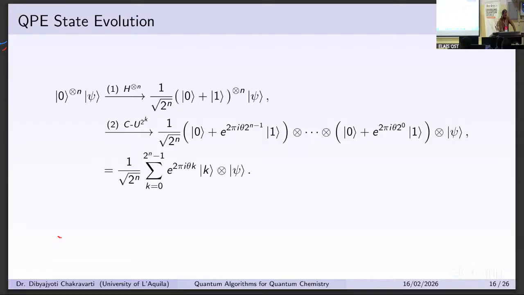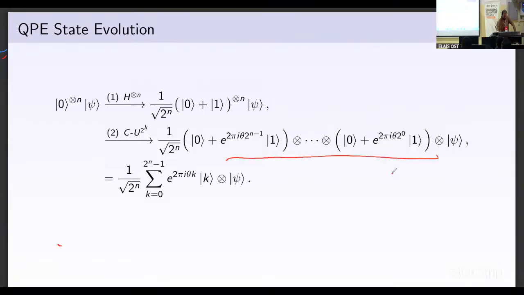So this is basically all of the phase kickback together, the eigenphase feedback. It accumulates and we get this form. So this basically uses just the properties of exponents. When we multiply exponents, it just adds up and we get a sum over k equal to 0, and we can write it like this.